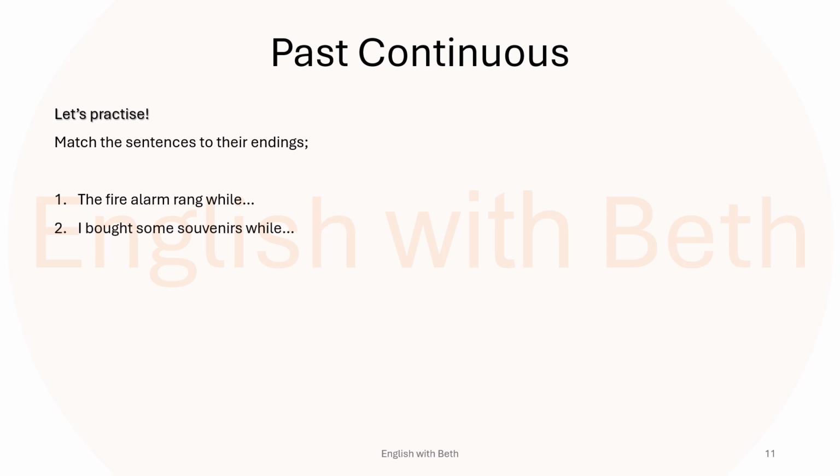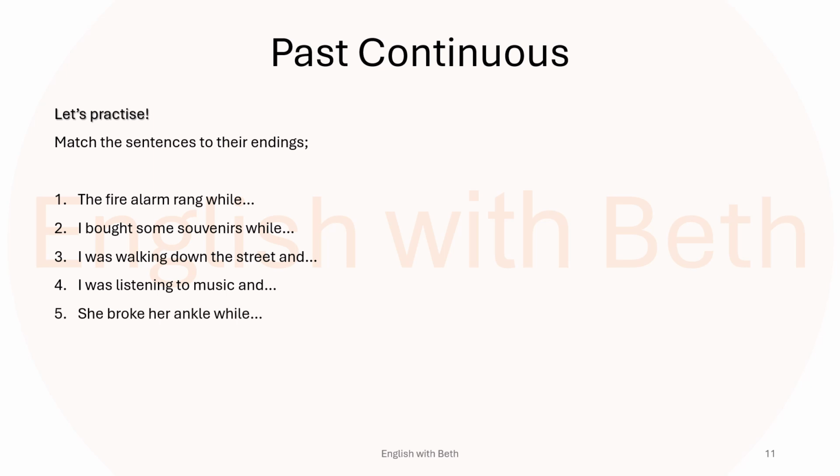Number 2. I bought some souvenirs while. Number 3. I was walking down the street and. Number 4. I was listening to music and. Number 5. She broke her ankle while.